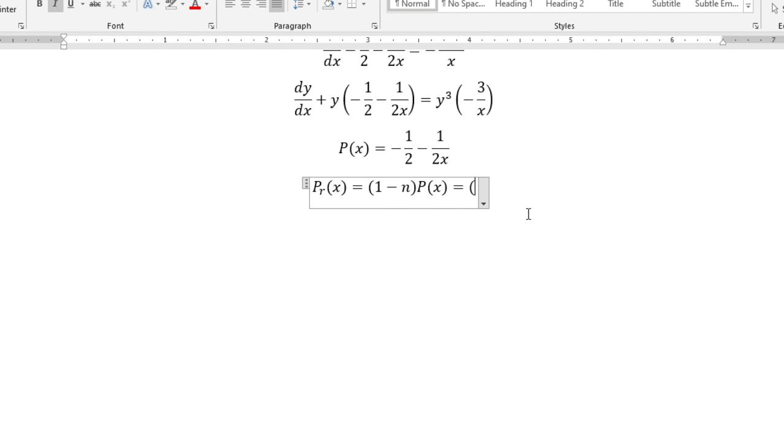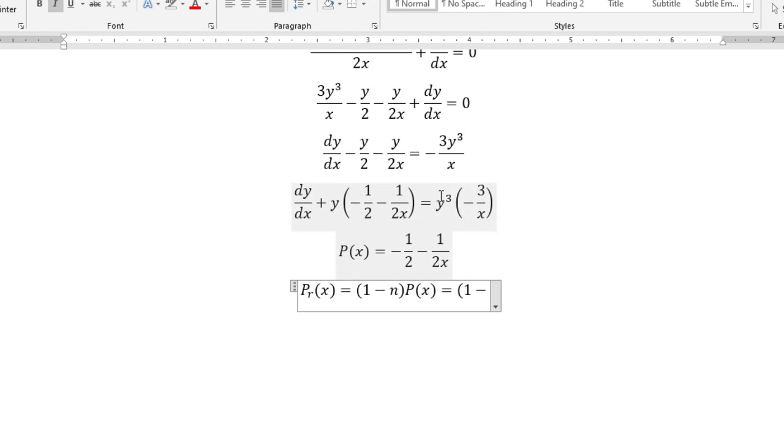so, the quantity 1 minus n. So, ano ba yung n natin? Yun yung exponent ni y doon sa right side of the equation. So, ito yung y cube. Tama? So, 1 minus 3 multiplied by p of x natin. Ito.